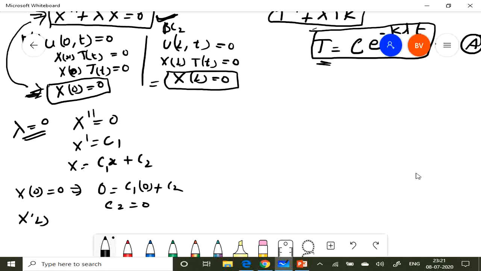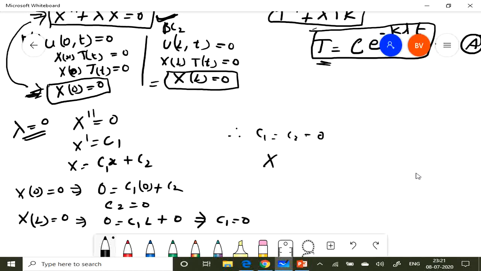Second, X of L is equal to 0 gives 0 is c1 times L plus c2, and c2 is already 0. This gives c1 is also 0.